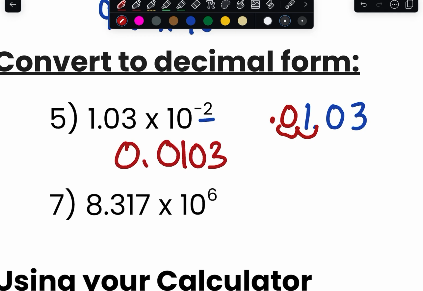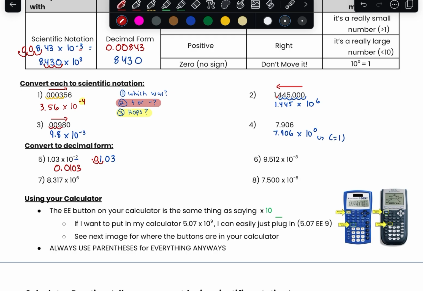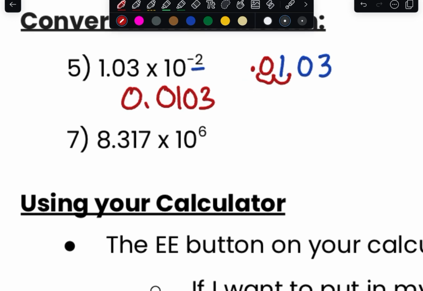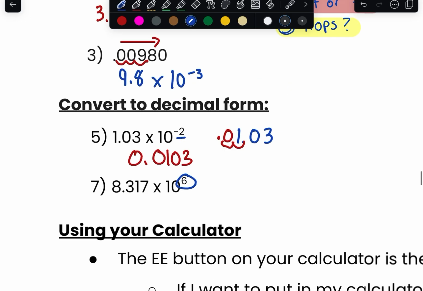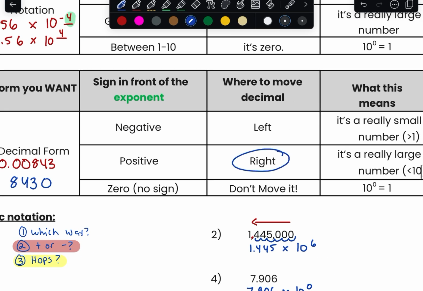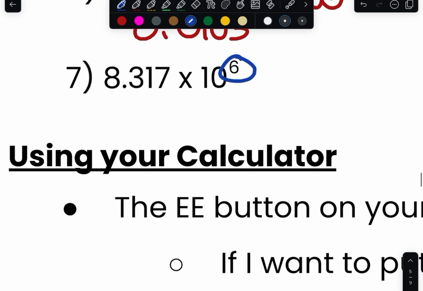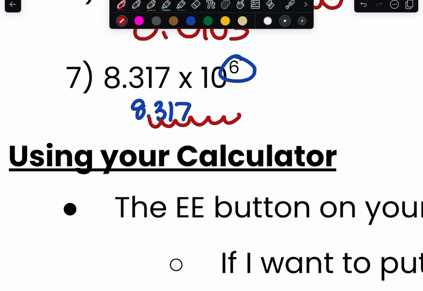Let's look at the next one. The next one is 8.317 times 10 to the 6th. For this one, I see a positive exponent. Positive exponent means we go to the right with our decimal. So 8.317, we're going to go 1, 2, 3, 4, 5, 6. 3 open cradles.